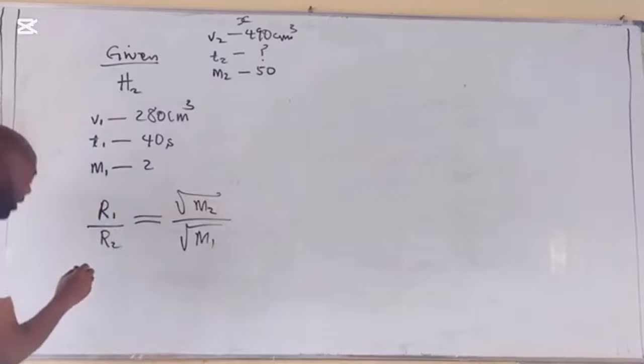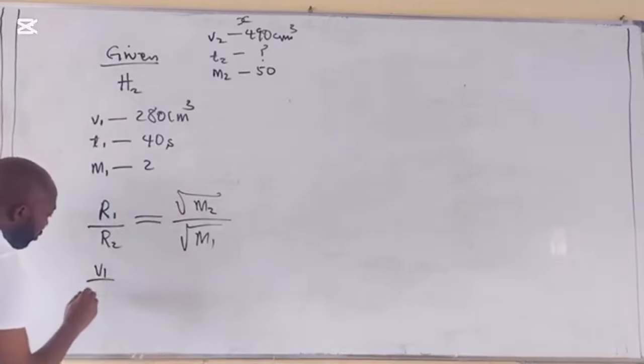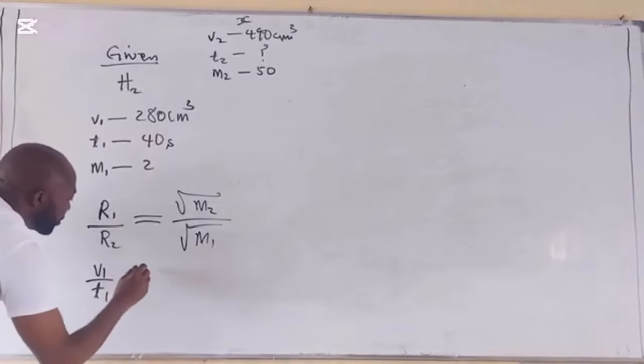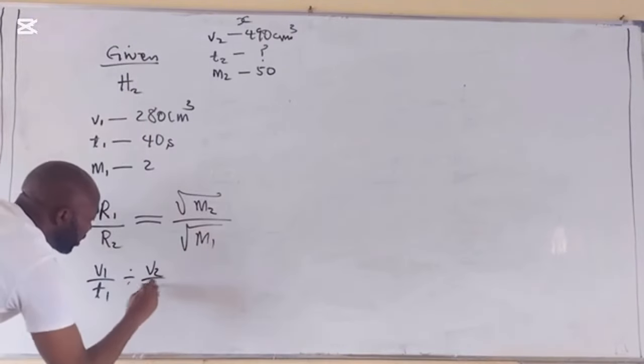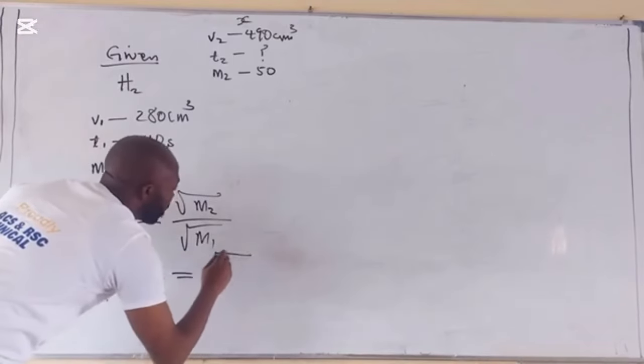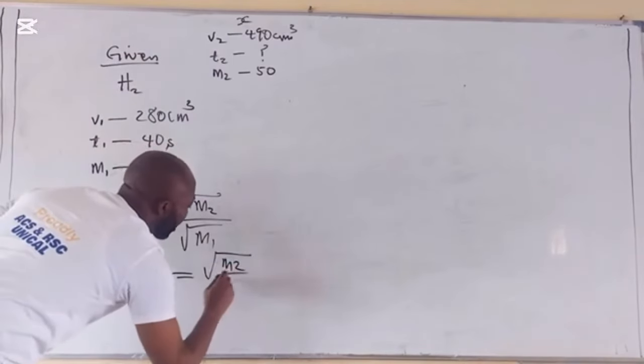R1 is the same thing as V1 over T1, divided by R2, which is V2 over T2, which is equal to the root of M2 over M1.